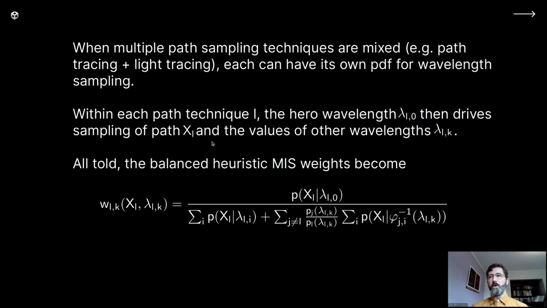We can go all the way and mix multiple path sampling techniques, which can each of them have their own wavelength sampling PDF. And in that case, for each of those path techniques, L, the Hero wavelength, which now depends on L, drives the sampling of path number L, and also through its own shifting function, it drives the value of the other wavelengths lambda LK. And okay, here is the final formula. I'll again refer you to the course notes for these developments.